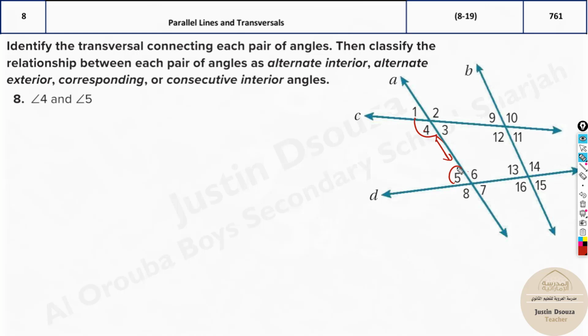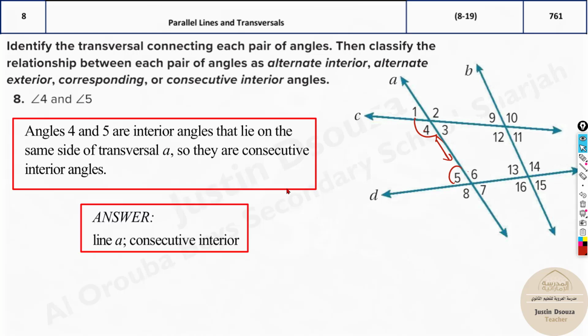They're continuous, so they're consecutive. Consecutive means continuous, like consecutive integers after 1, 2, 3. So after 4 is 5, right? So the answer is: the transversal is line A and they are consecutive interior angles. Now 1 and 8 would be consecutive exterior angles.